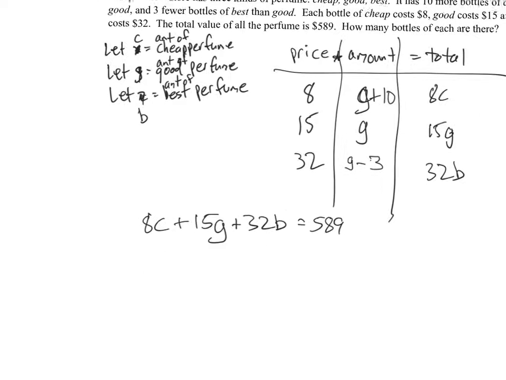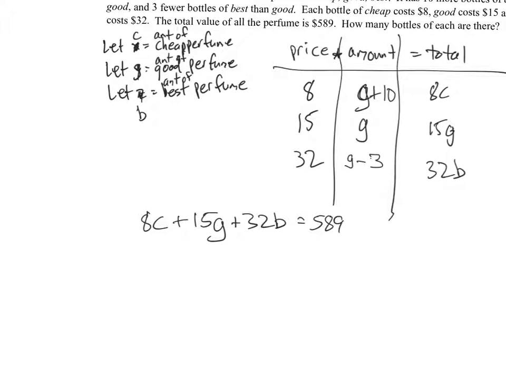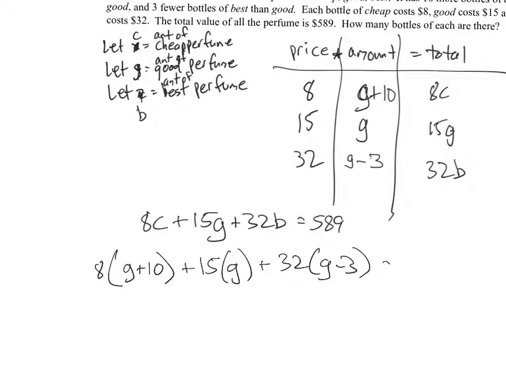The way you would solve this is 8 times C, which is G plus 10, plus 15G, plus 32 times G minus 3, all equals 589.